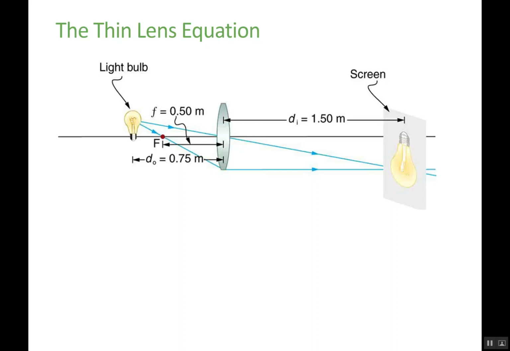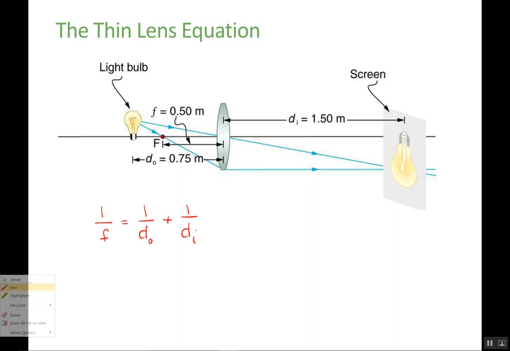And we do. It's referred to as the thin lens equation, and it looks like this. 1 over the focal length is equal to 1 over the object distance plus 1 over the image distance.